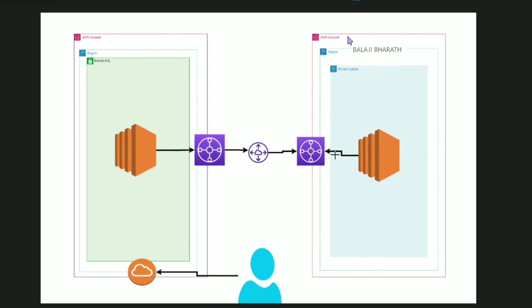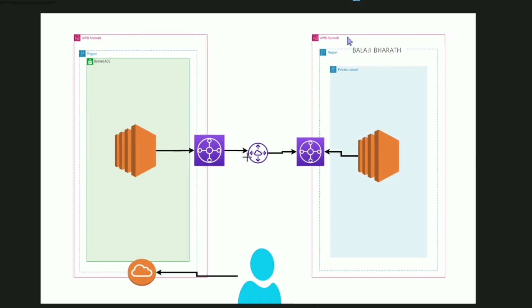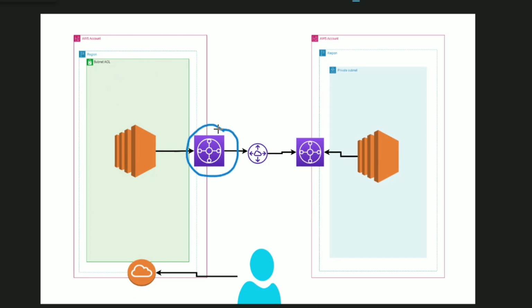So today we are going to discuss transit gateway across cross accounts. This is our architecture. In this architecture we are going to attach two transit gateways that lie in different accounts. This is transit gateway 1 and this is transit gateway 2.